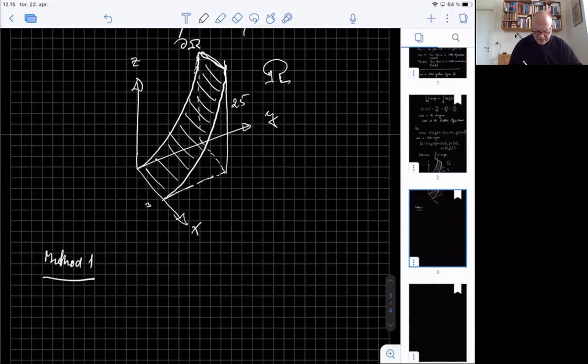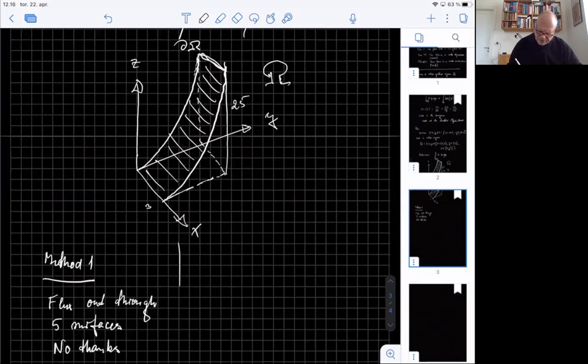So you should calculate the flux out through 5 surfaces, and then add the things together in order to get the total flux. Well, I would say no thanks to this. It's simply too much to do.